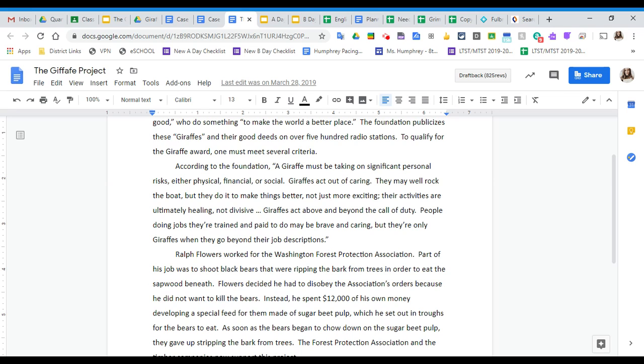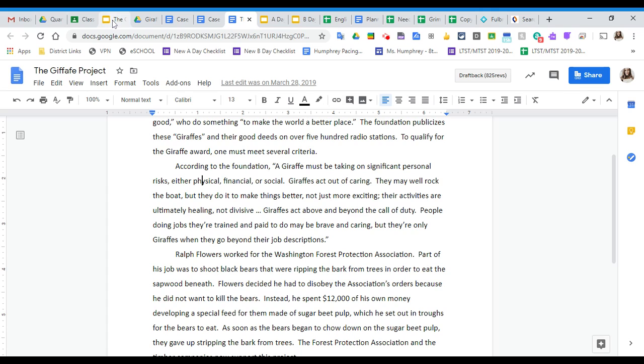If you want to think about significant personal risks, nurses and doctors and grocery store workers and United States Postal Service folks, all these people are taking on significant physical personal risks for their own health and well-being to help us continue functioning as a society during this pandemic. That's what that would look like. So one of the qualifiers is that a giraffe is taking on a significant personal risk.